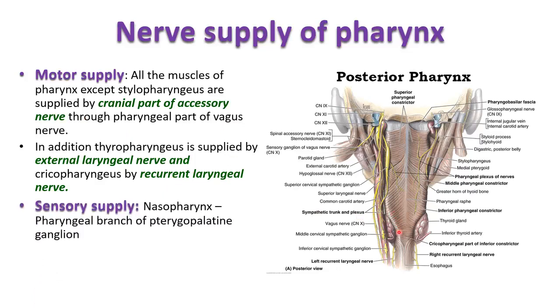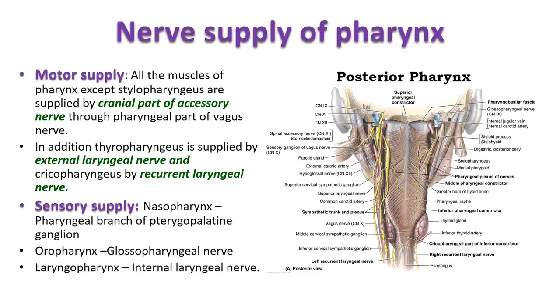So, the sensory nerve supply to the pharynx: general sensation to the nasopharynx is by the pterygopalatine branches, the oropharynx by the glossopharyngeal nerve, and the laryngopharynx by the internal laryngeal nerve.